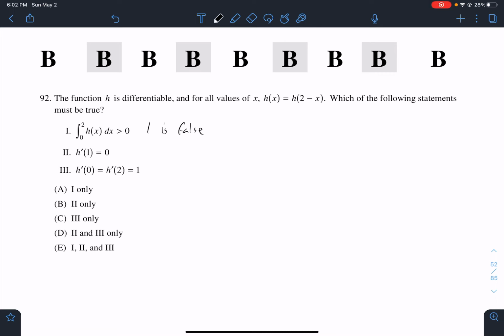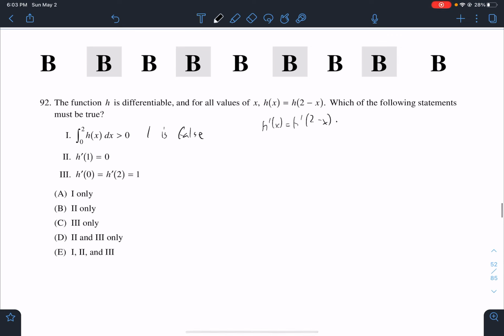So 2 says that h prime of 1 is equal to 0. And so we can take the derivative here. h prime of x is going to be, let's take the derivative of the right side, h prime of 2 minus x, but now we have to do the chain rule, which multiplies by negative 1.